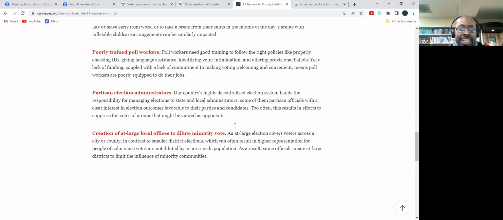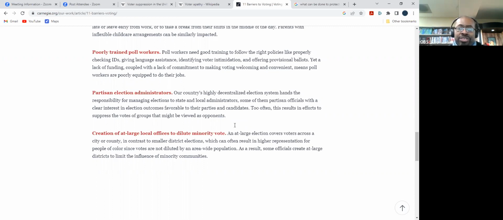An at-large election covers voters across a city or county, in contrast to smaller district elections, which can often result in higher representation for people of color since votes are not diluted by an area-wide population. As a result, some officials create at-large districts to limit the influence of minority communities.